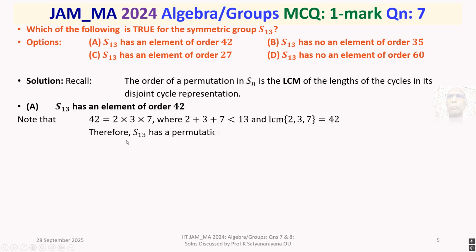a permutation in S13 with 3 disjoint cycles of lengths 2, 3 and 7.